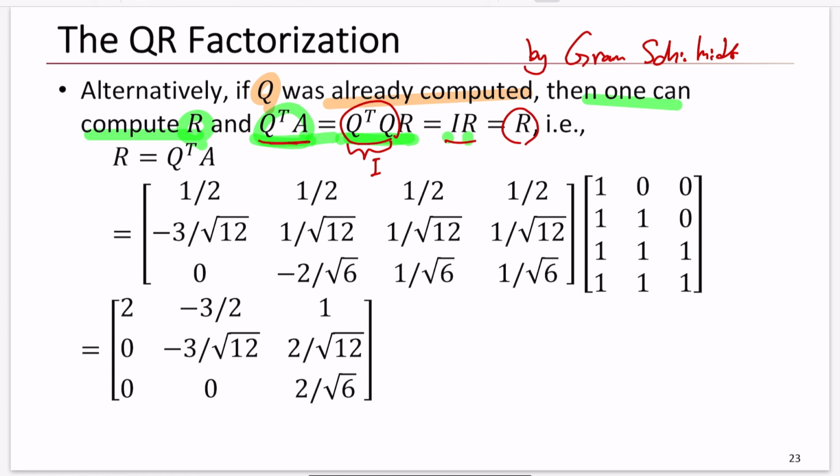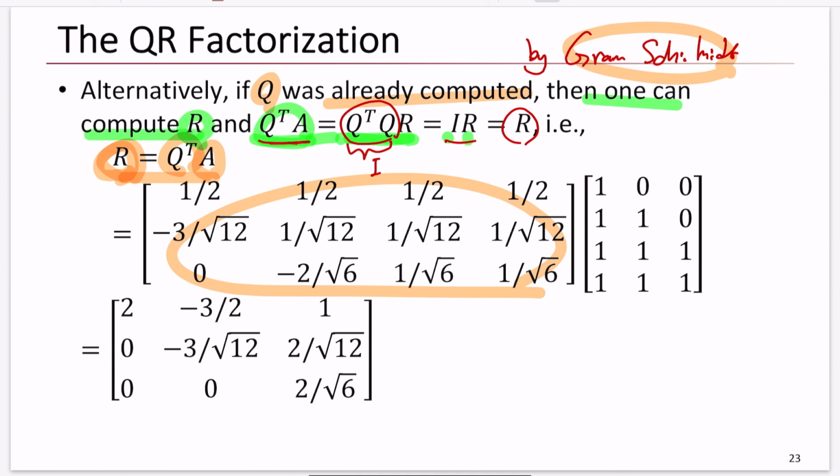So in other words, our interest R is going to be Q transpose A. So we can find Q by the Gram-Schmidt process. So R is going to be Q transpose times the original matrix A. Then it looks like this.